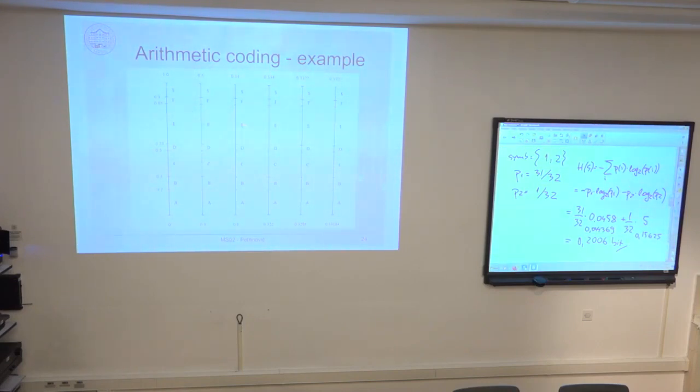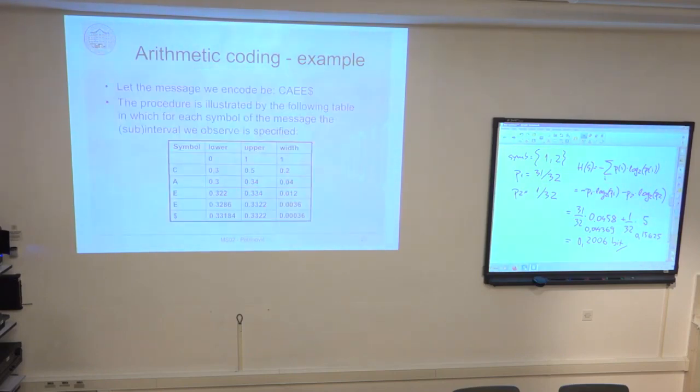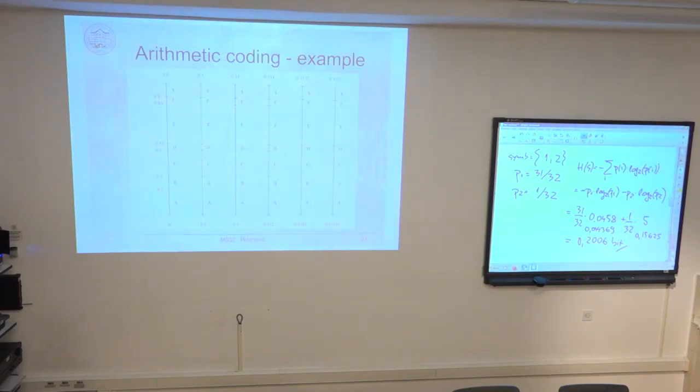Now it is E, then again E, and finally the last symbol $. So CAEE $. The last range that I arrive at the end is 0.33184 to 0.3322.